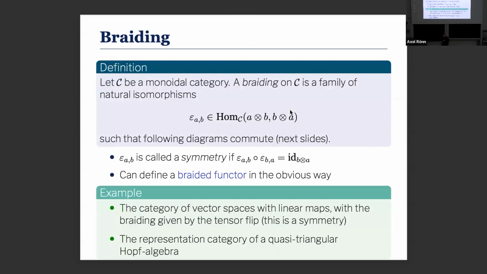Right, so how do we formulate this mathematically? So what's a braiding? If we have a monoidal category, then a braiding is a family of natural isomorphisms, for each pair of objects, that relates A tensor B with B tensor A, such that some diagrams commute. And I'm going to show this diagram on the next slide.